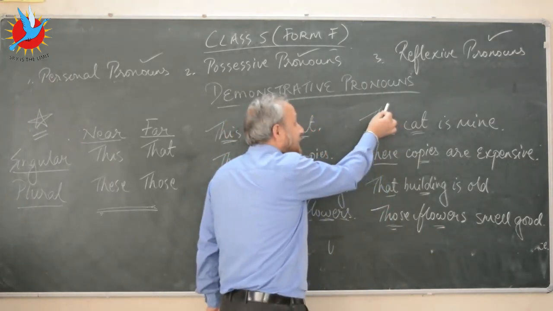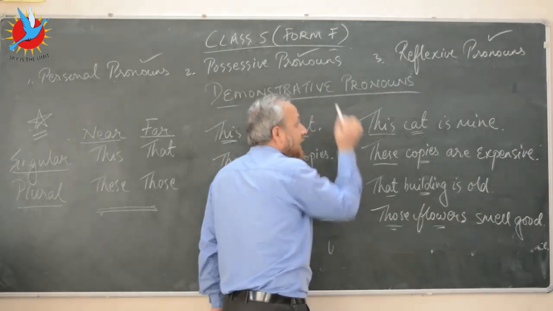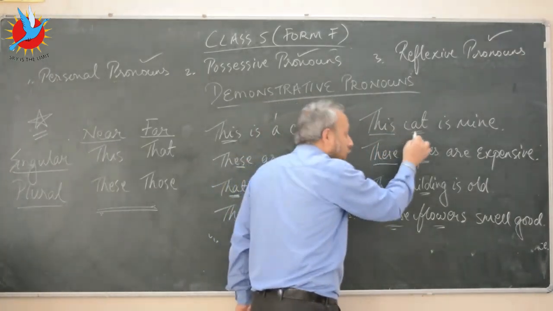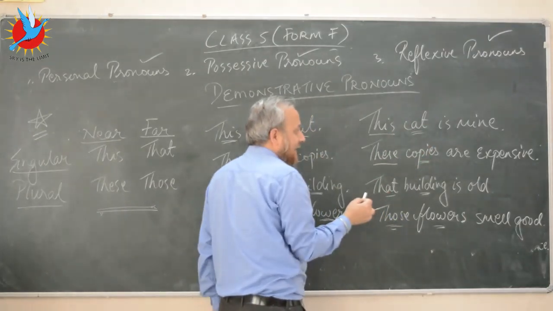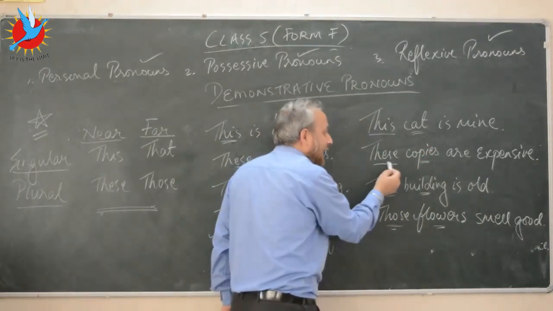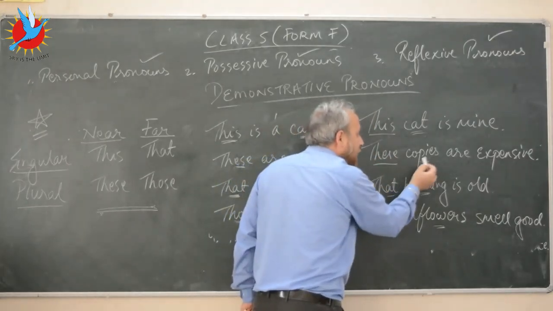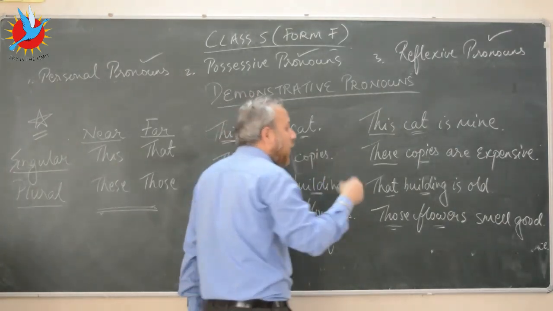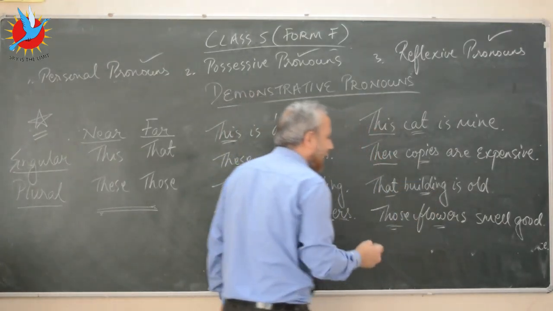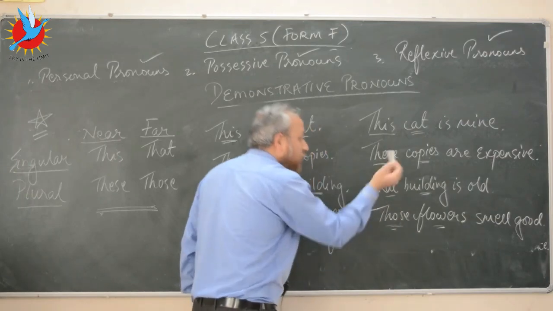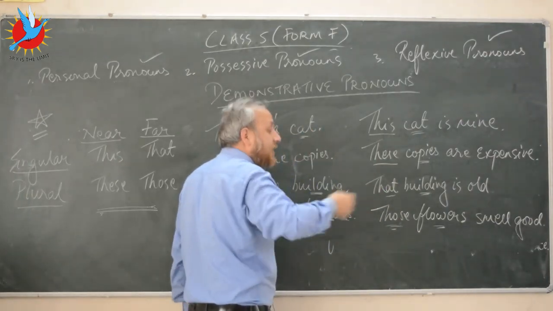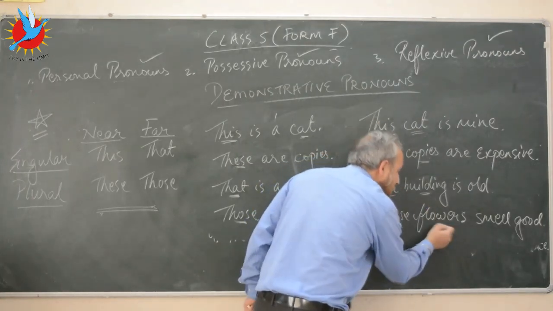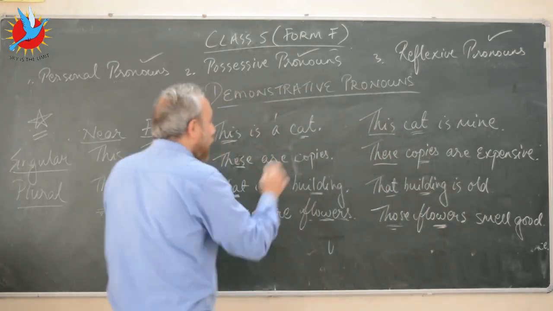The demonstrative this is giving us more information about the cat, or it's qualifying or modifying the cat. Similarly, these is giving you more information about copies. That is modifying or qualifying the noun building. Likewise, those is giving you more information about the plural noun flowers.